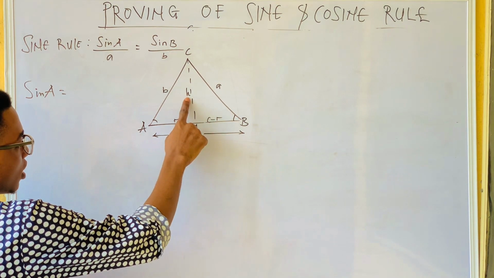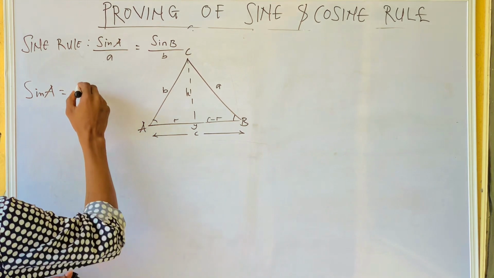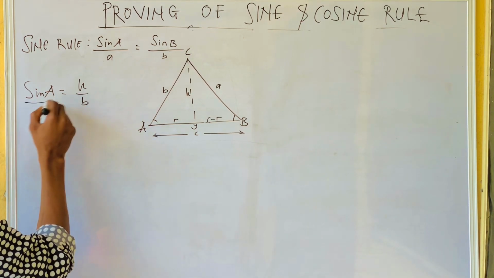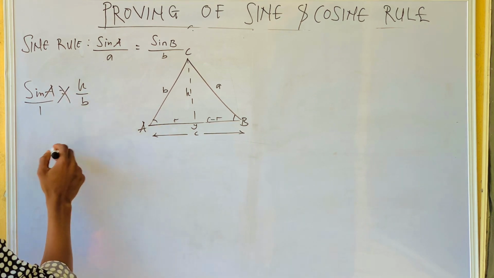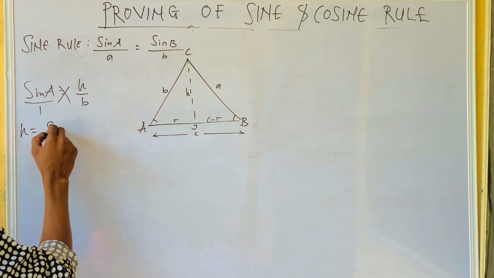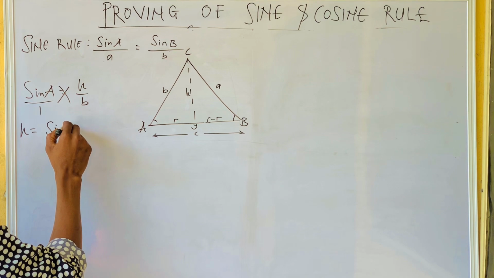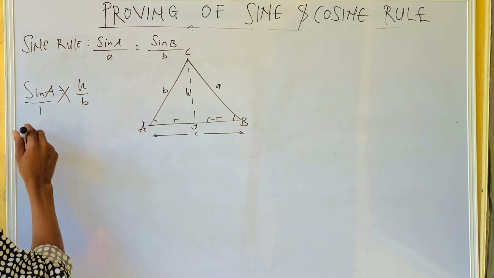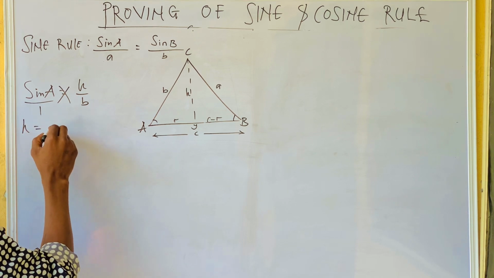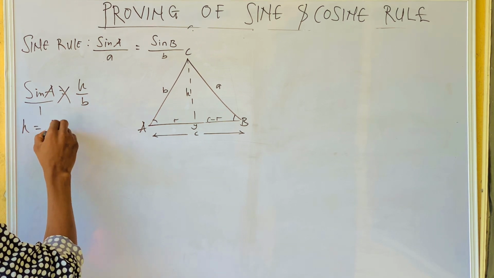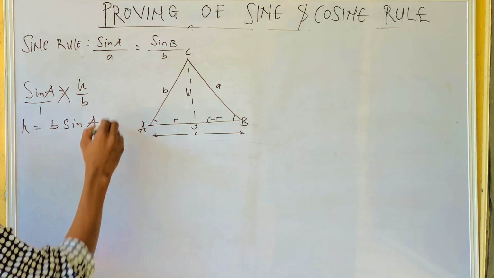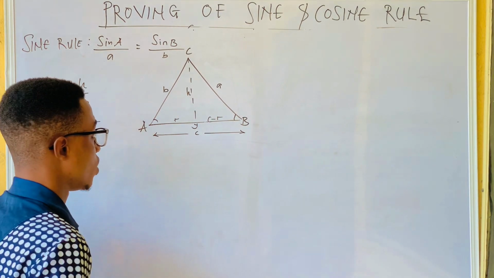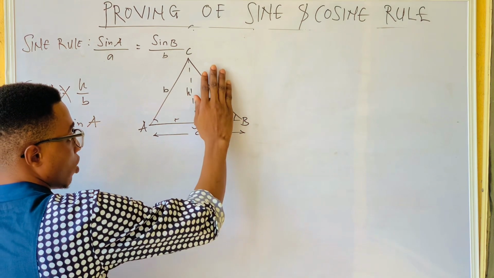Here is the opposite and here is the hypotenuse, that is h over b. We cross multiply as well. We have h equals b sine A.